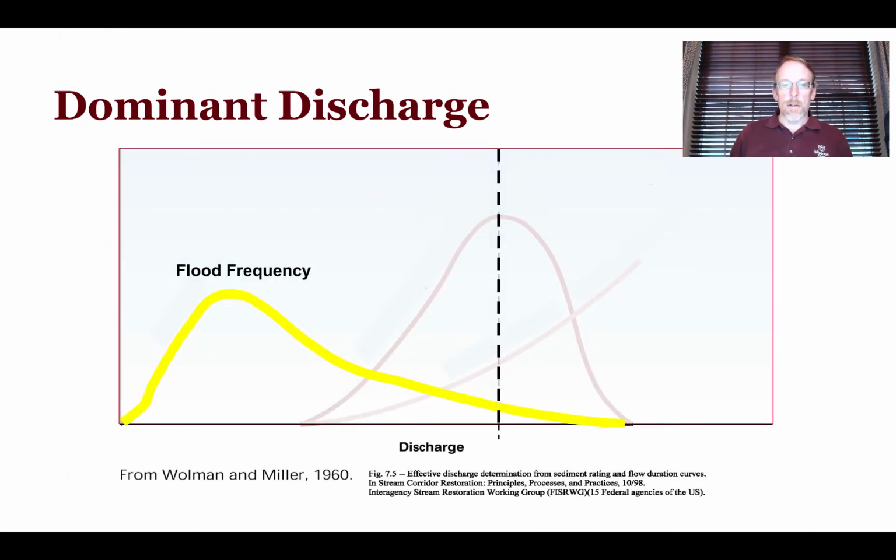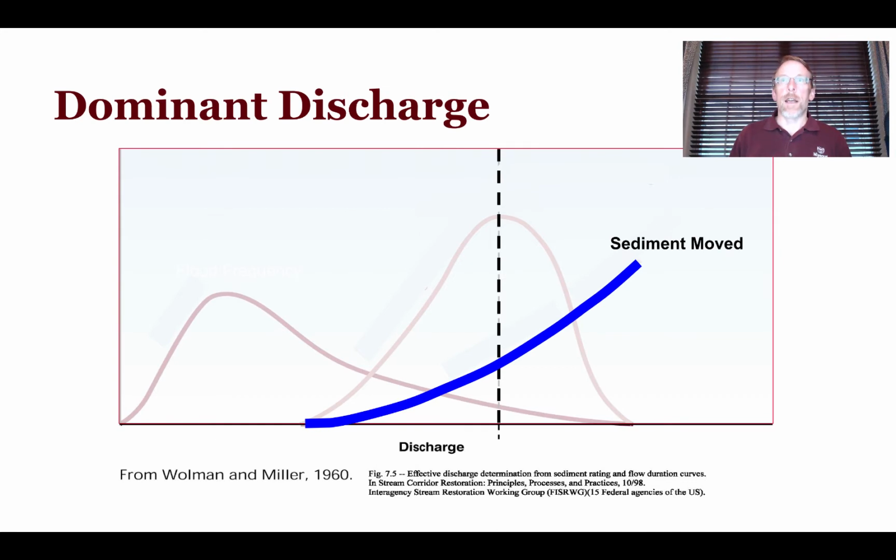All right, so let's go through this one more time just to make sure you've got it. We've got our flood frequency curve. We're going to color that yellow just to highlight that. Our peak frequency would probably be base flow in most streams. And as we get to more and more larger discharges, we have more and more infrequent flows. Our sediment yield curve is the blue one.